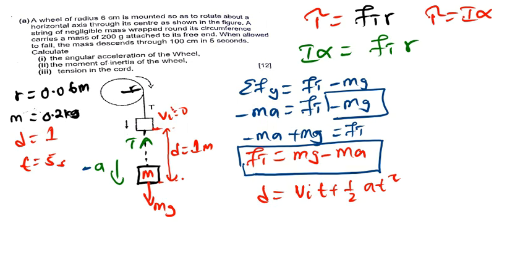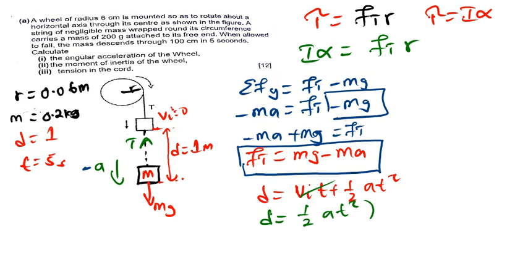The distance is 1, the v initial is 0, the acceleration is the one we're trying to find, the h is 1, which is the d, and the time we've been told is 5. Now let's go ahead and find the acceleration. This is going to be cancelled because the initial velocity is 0, so it will be d is equal to half a t squared.